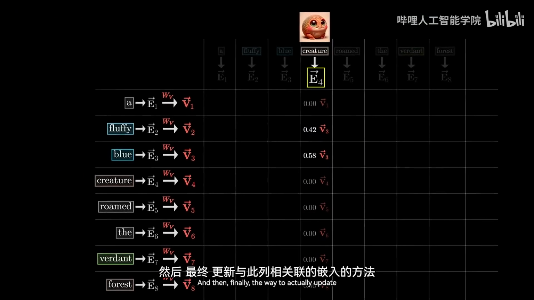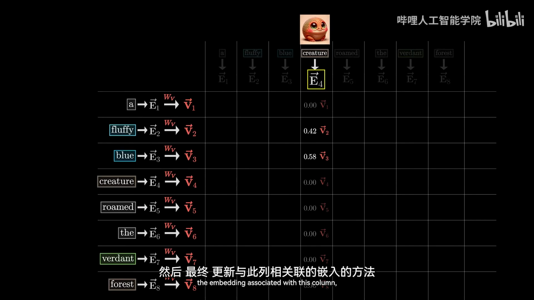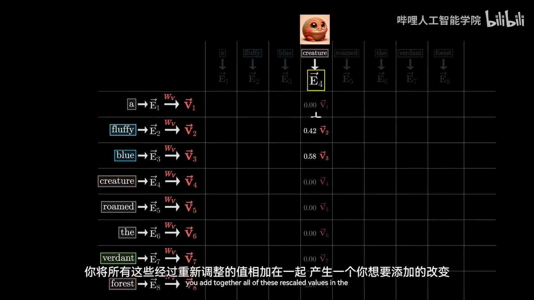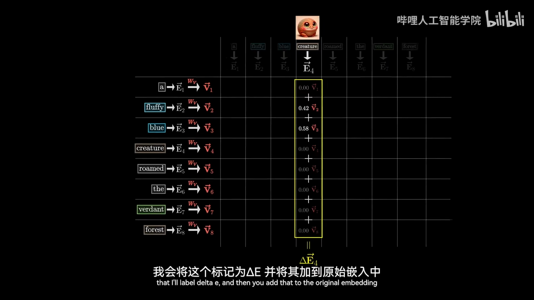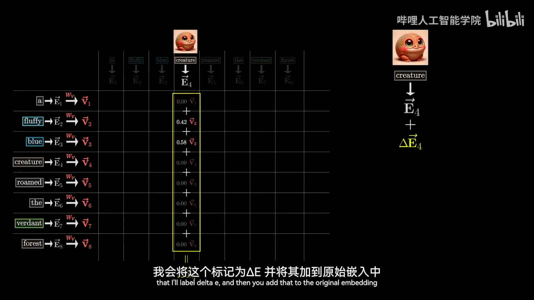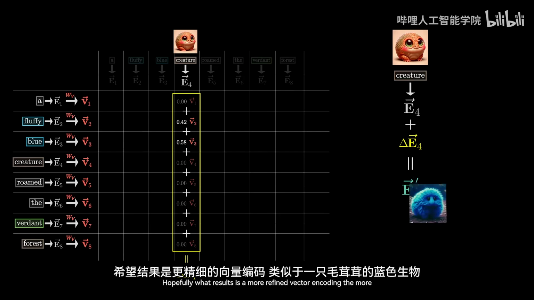And then finally, the way to actually update the embedding associated with this column, previously encoding some context-free meaning of creature, you add together all of these rescaled values in the column, producing a change that I'll label delta E, and then you add that to the original embedding. Hopefully, what results is a more refined vector encoding the more contextually rich meaning, like that of a fluffy blue creature.